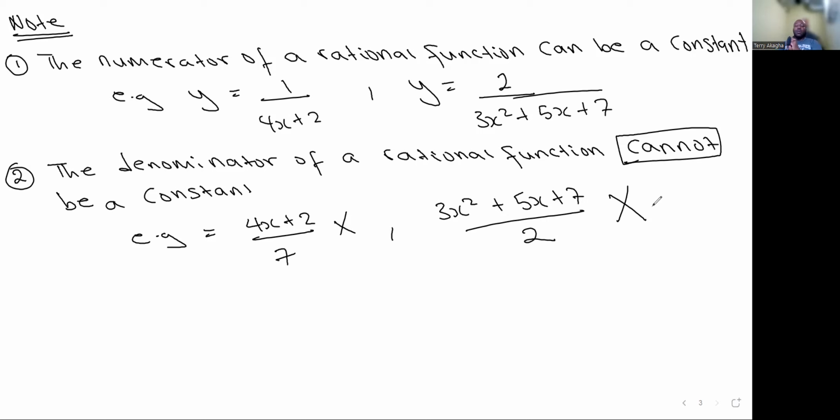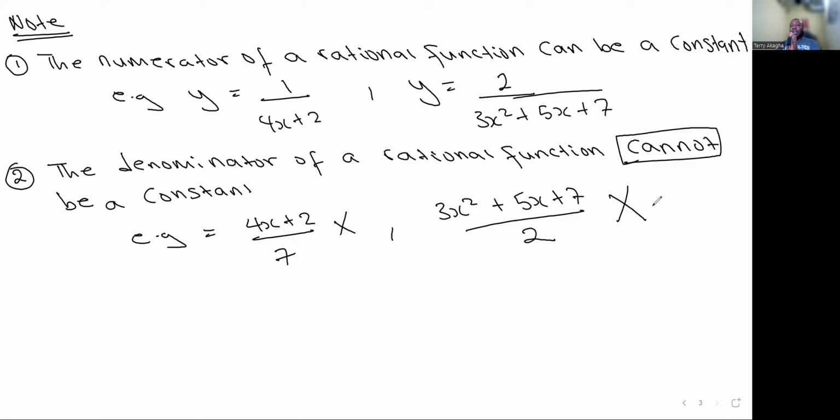Now, the next one as well is that either the numerator or the denominator could not be a polynomial. So it's possible that the numerator or denominator is not a polynomial, but then the fraction does not represent a rational function. So if the numerator and the denominator is not a polynomial, then that fraction is not a what? Rational function.